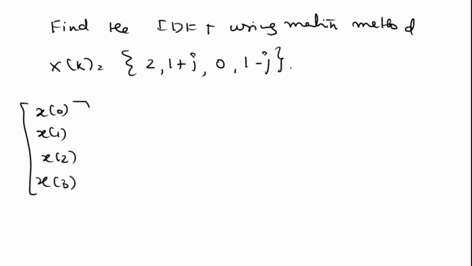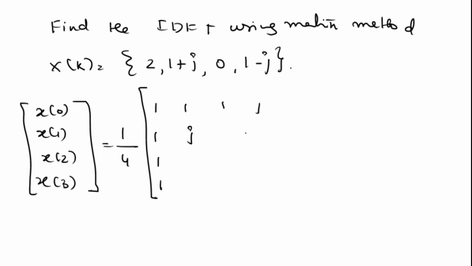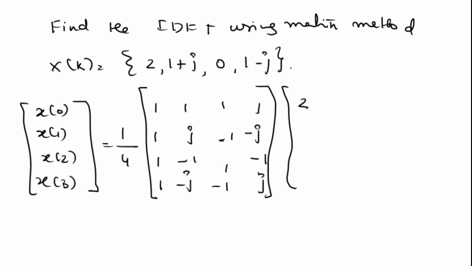Scalar multiplication is there, so it is 1 by 4 into the matrix 1, 1, 1, 1; 1, j, minus 1, minus j; 1, minus 1, 1, minus 1; 1, minus j, minus 1, j, multiplied by 2, 1 plus j, 0, 1 minus j.